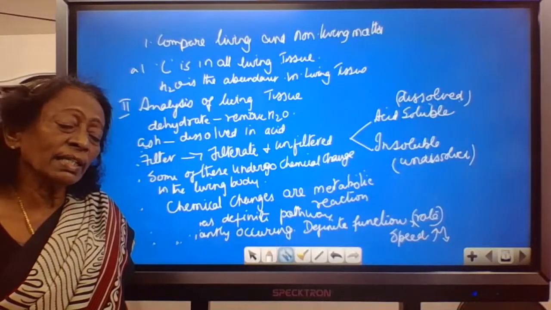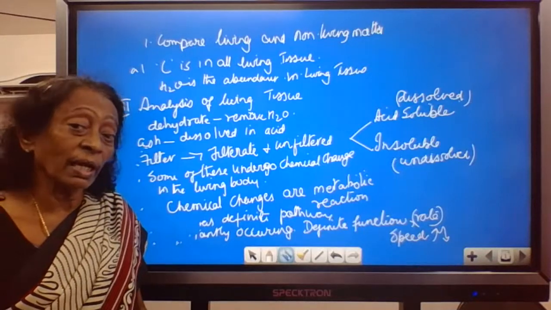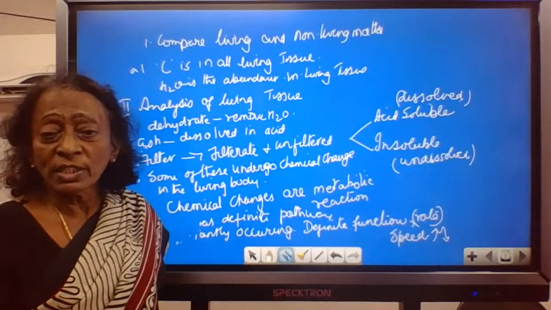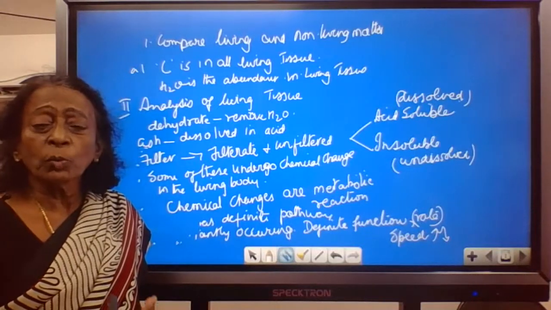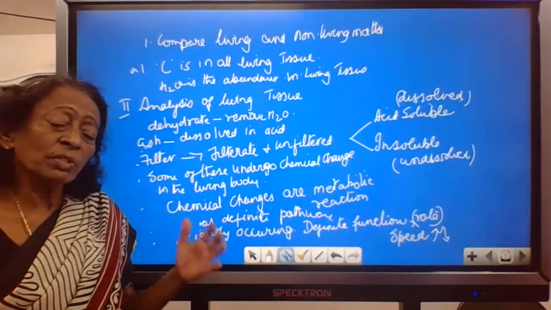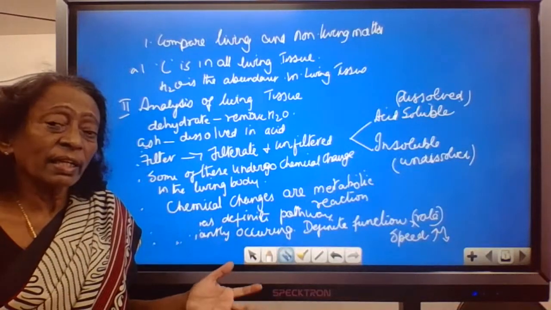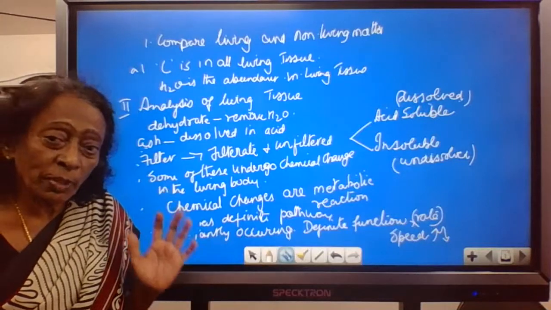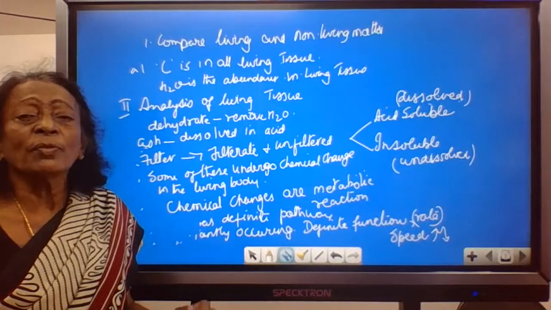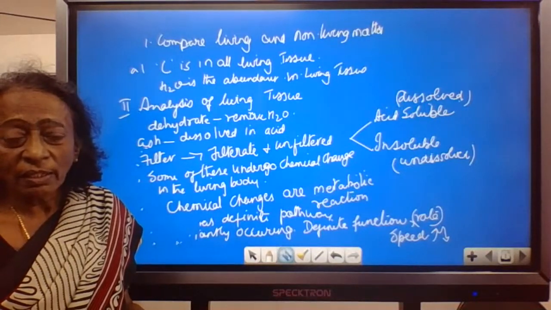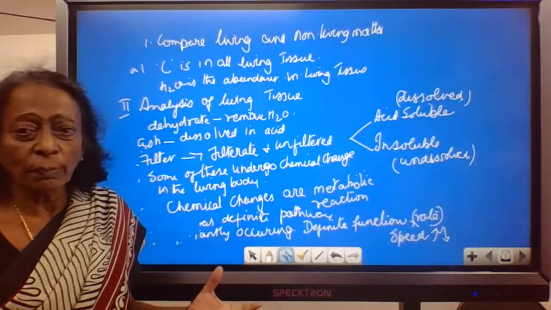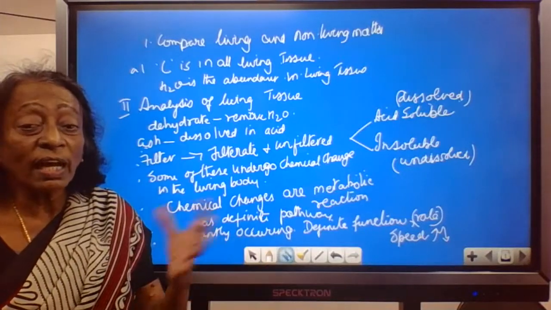When they analyzed not only plant tissue but also fungal and microbial tissues, they found that apart from these primary metabolites, there are certain substances present in the plant body which are of no use to the plant. It is just produced in the plant world, but it is used for the animal world.